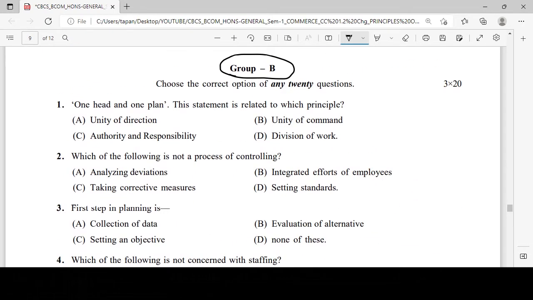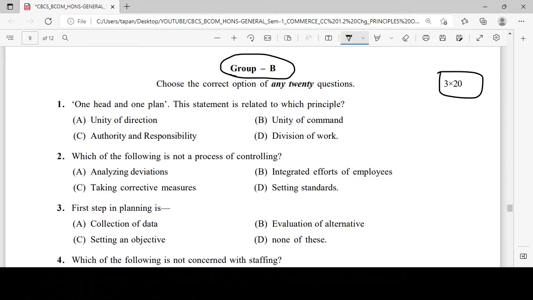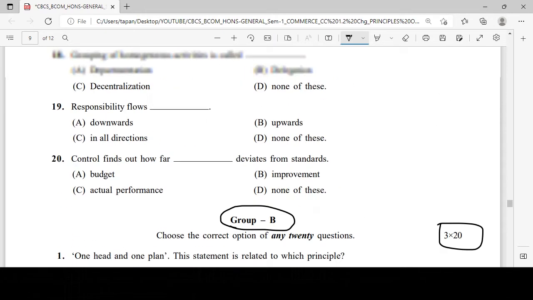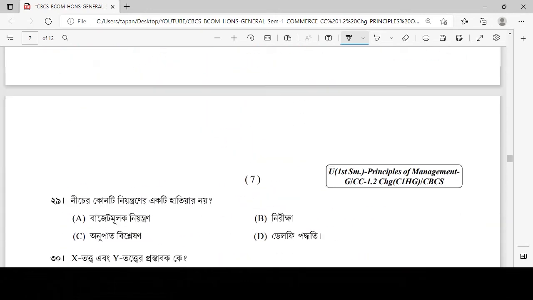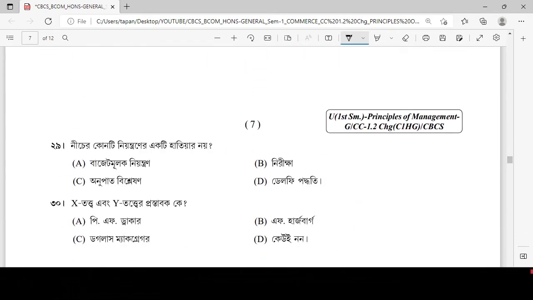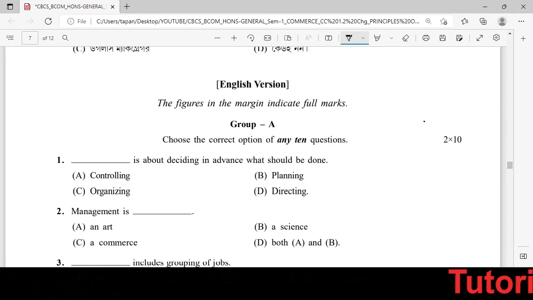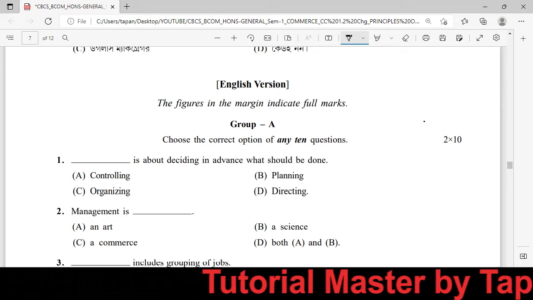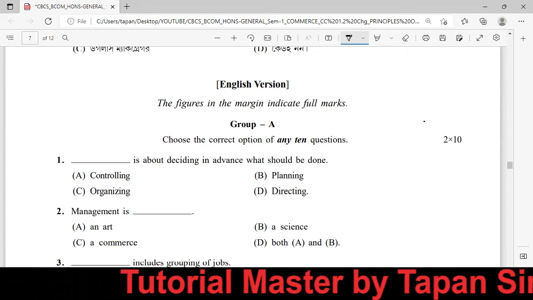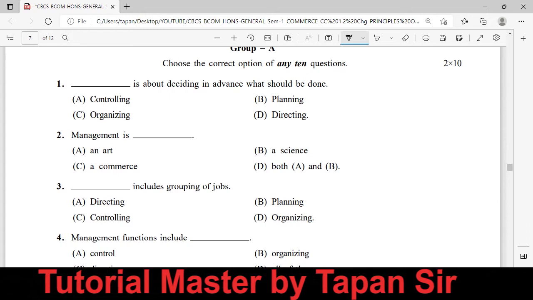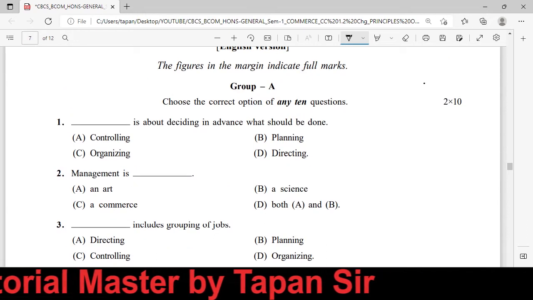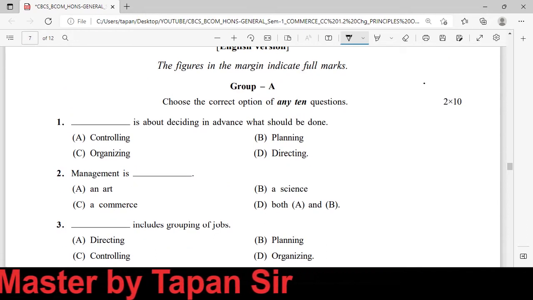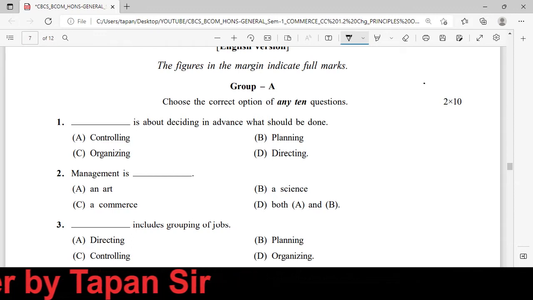Each question contains 3 marks, therefore 60 marks. Now let's start. There are two versions, Bengali version as well as English version, but I always suggest to choose the English version. Then it will be very clear to you and you can easily answer these questions very quickly.